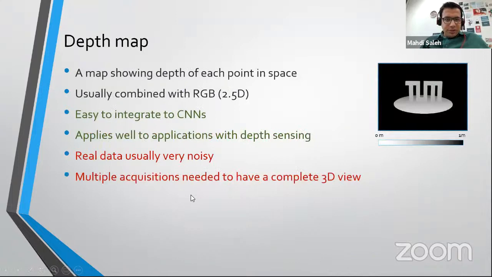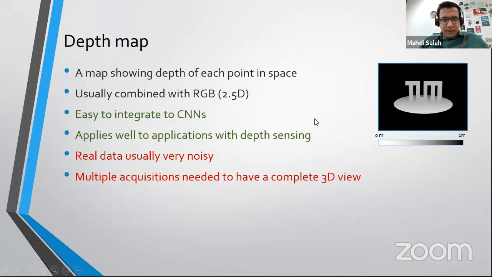Another way to represent 3D data is using a depth map, or a combination of depth and RGB, where you do not essentially have a 3D volume, but more like 2.5D, where you have a range image, which can be the depth image, which represents how close to the camera or the sensor you are.